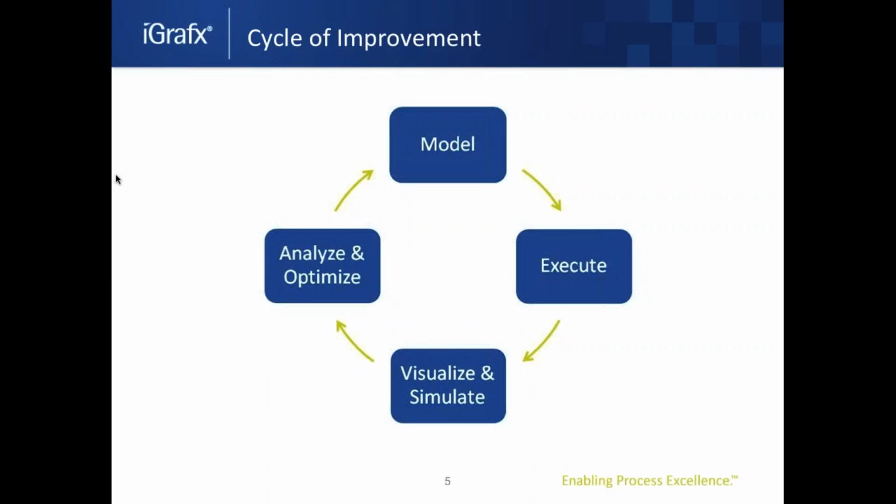And of course, you can use all this data which is gathered during the execution to analyze your process and to optimize your process. And the good thing is that you can go through this cycle of improvement very flexible and also agile.